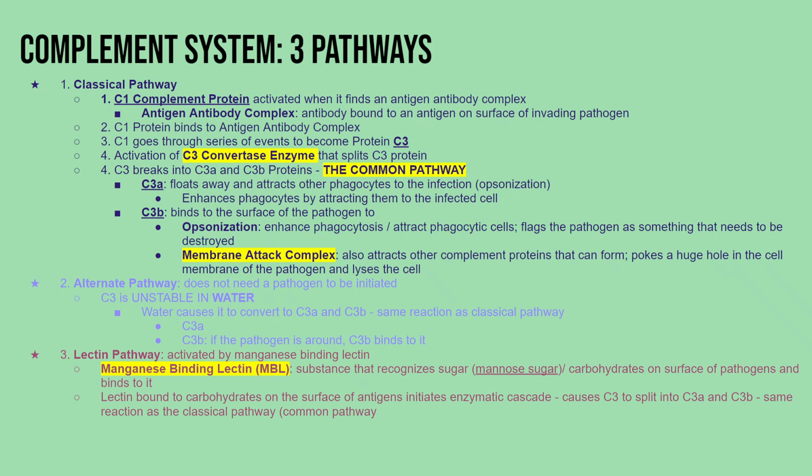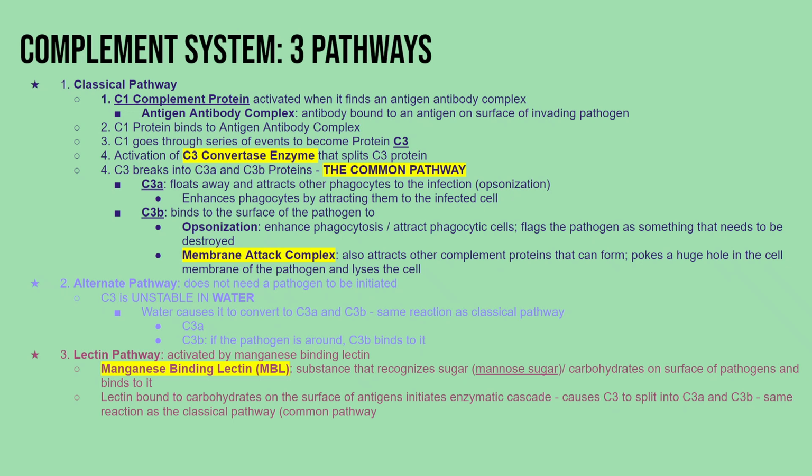So the classical pathway, the way to differentiate that one is that it's activated when it finds an antigen-antibody complex. So that means that there's some sort of pathogen and there's an antibody bound to it already. And then a C1 protein is going to bind to it and then go through a bunch of different changes to become C3, which is then going to activate C3 convertase enzyme.